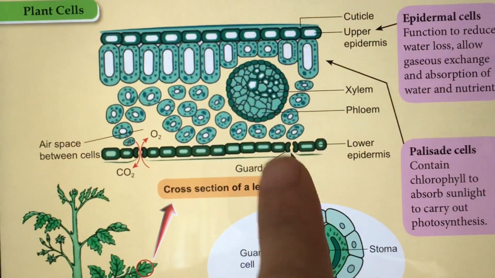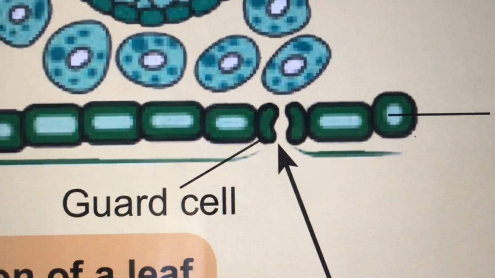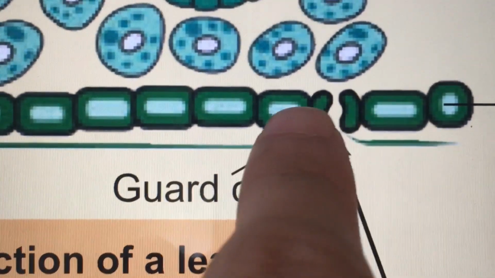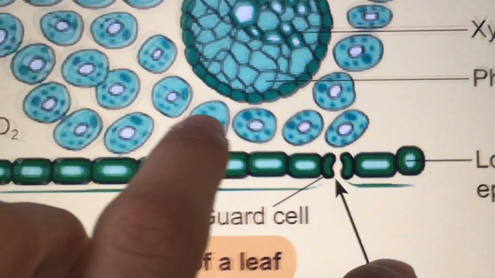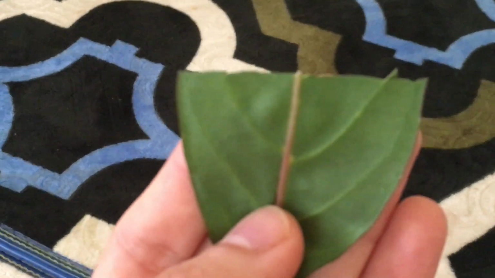Now this one right here, if you zoom closely, this is actually two guard cells. Okay, now on a leaf, the guard cells are under the leaf and you cannot really see it. Kalau kamu tengok ke daun, sebenarnya ada tu guard cells di bawah ni, tapi kamu tidak nampak.